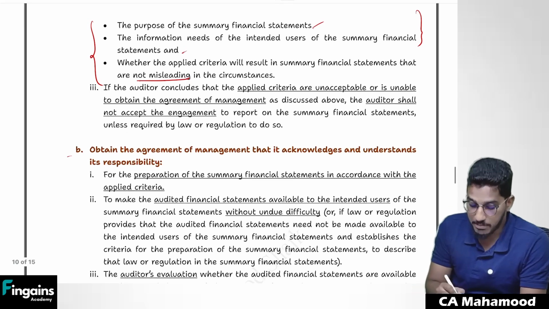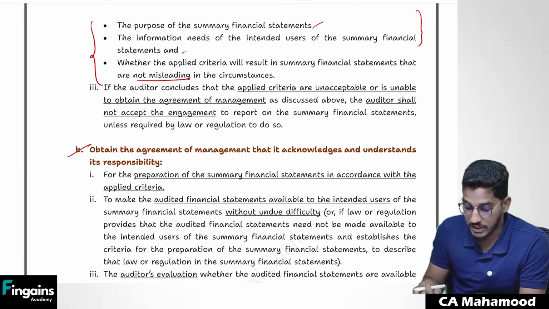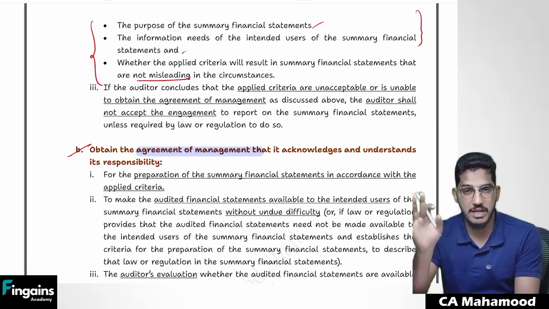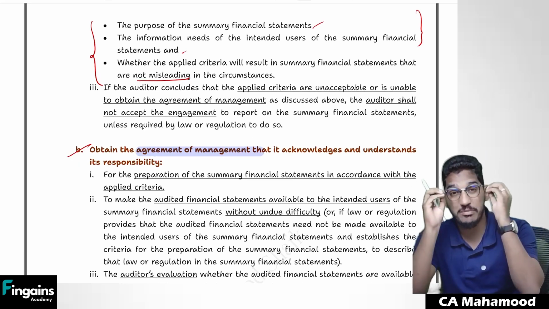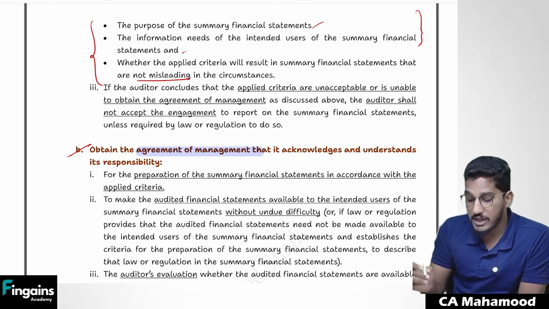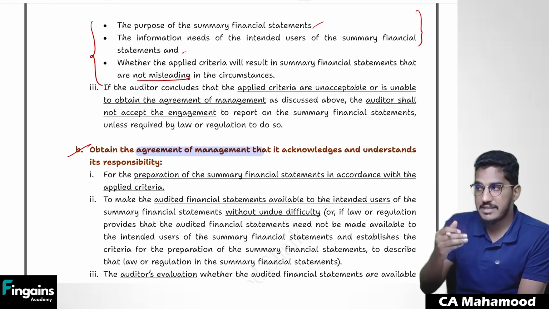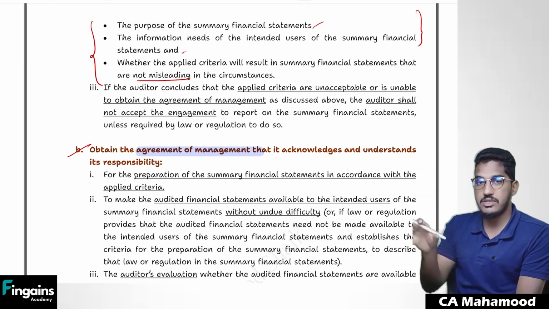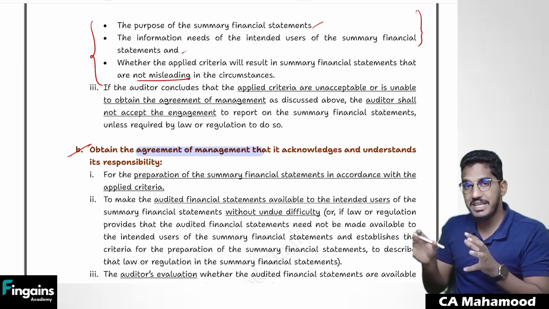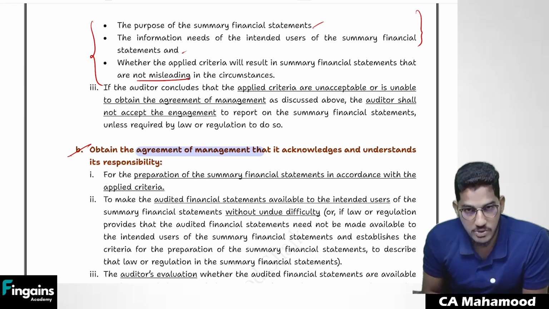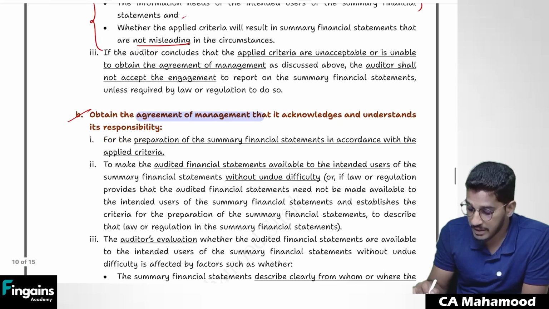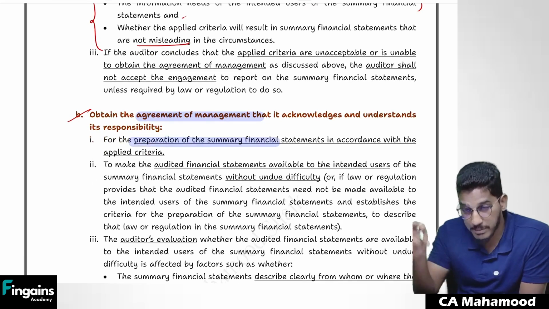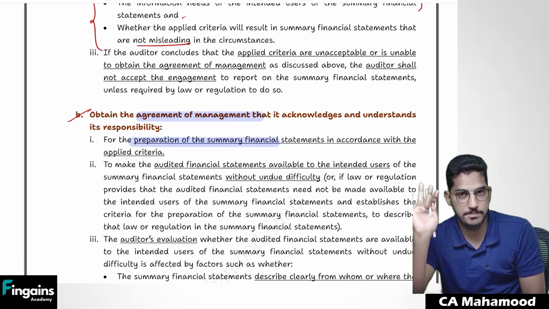In addition to that, before accepting the engagement as an auditor, you need to obtain the agreement of the management. You need to ask the management to give a written agreement that they acknowledge their responsibilities. You should tell them, sir, this is the list of responsibilities for you. You give me a written agreement that you are accepting your responsibilities. What responsibilities, sir? First thing, the management is responsible for preparation of that summary financial statements.